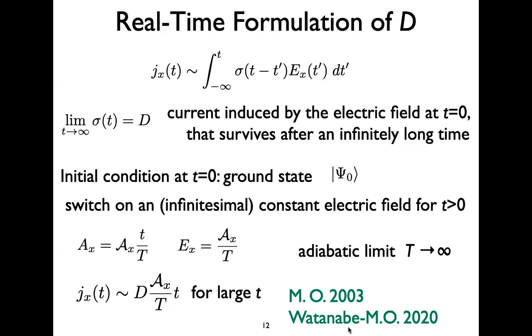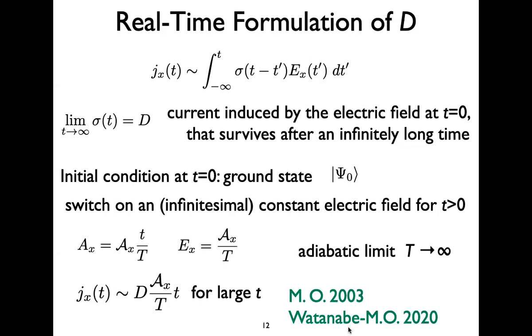Then I consider the adiabatic limit, where this capital T goes to infinity. So in this adiabatic limit, I'm only interested in the very long time response of the current to the electric field, which means that I can forget about the short-term response, and I can focus on this long-term response, which is nothing but the Drude weight.